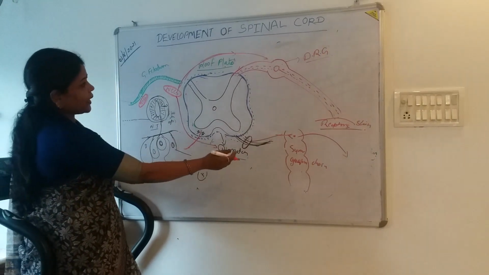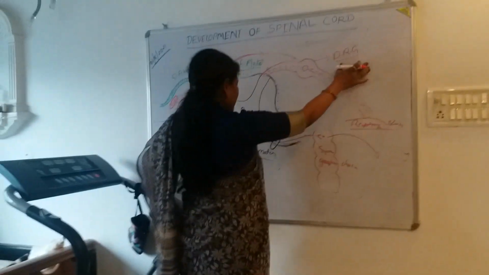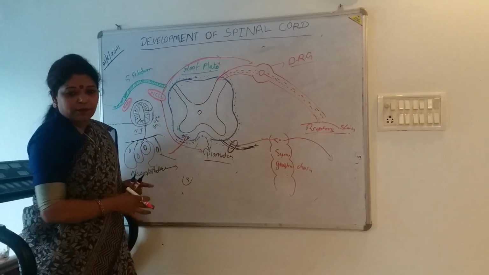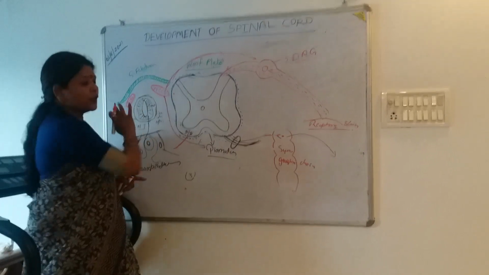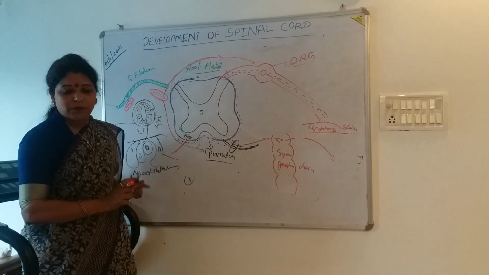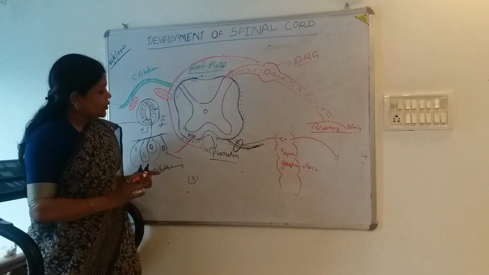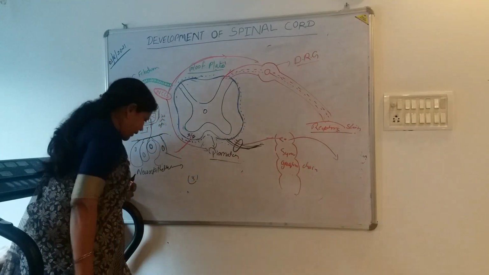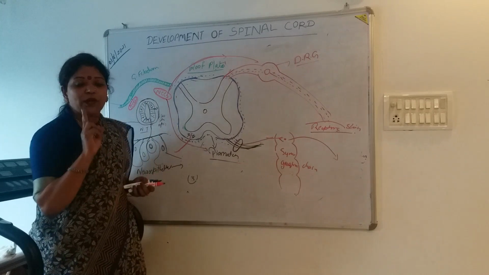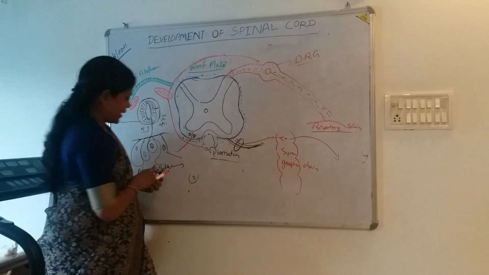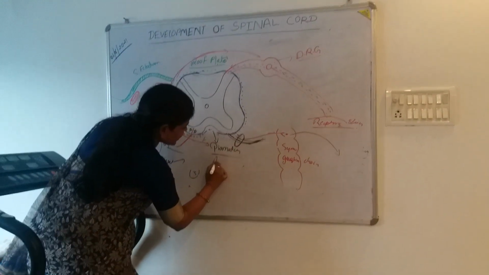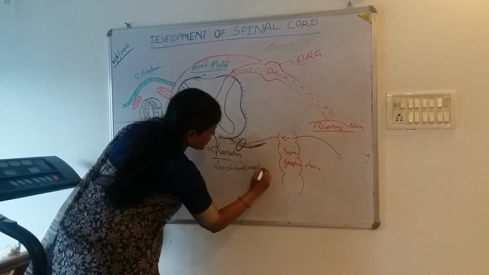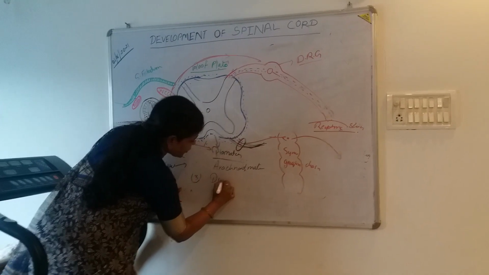So the sympathetic ganglia, the dorsal root ganglia and the pia matter are all derivatives of the neural crest cells. Then outer to this pia matter come two more layers, the arachnoid matter and then the dura matter.